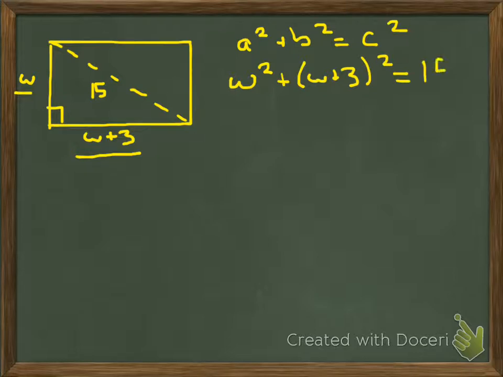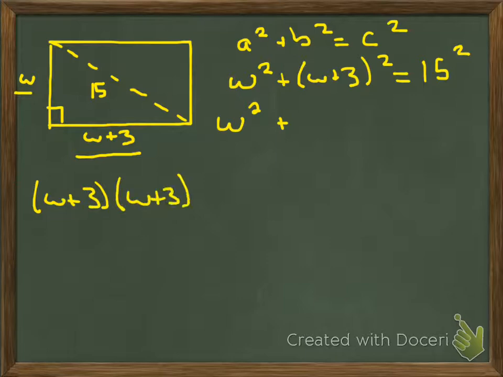equals 15 squared. Okay, right away you should be able to look at this and see that you're probably going to have a quadratic. So we have w squared plus, okay, I'm going to do this w plus 3 squared over here on the side. Right, we're talking about squaring binomials, right? So you do double distribution. So w times w is w squared. 3 times w is 3w, right?